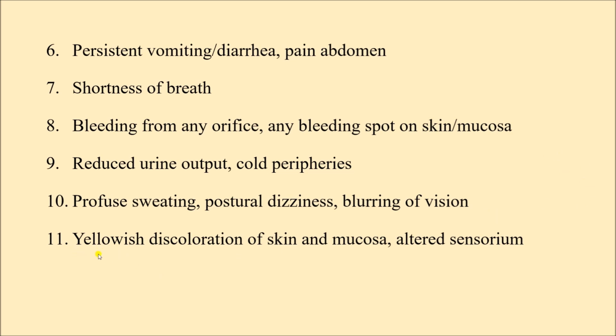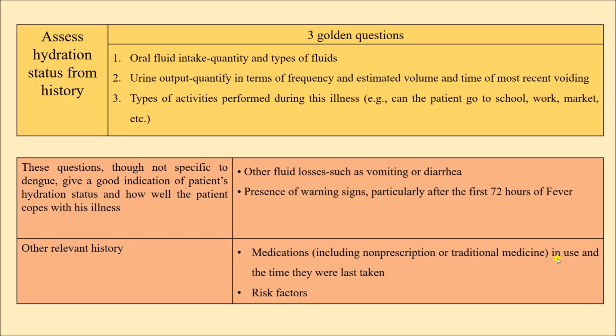You can see here the features of jaundice, yellow discoloration of the skin. If there is profuse sweating, postural dizziness, then any feature of shock is there or not. Reduced urine output, maybe the kidneys are compromised. Bleeding from any orifices, bleeding spots, skin mucosa, as I said, hemorrhagic manifestations. So if all these things are present, it is very important to know about that.